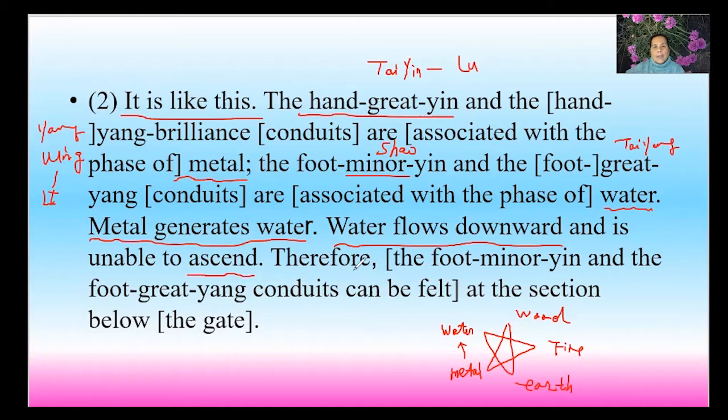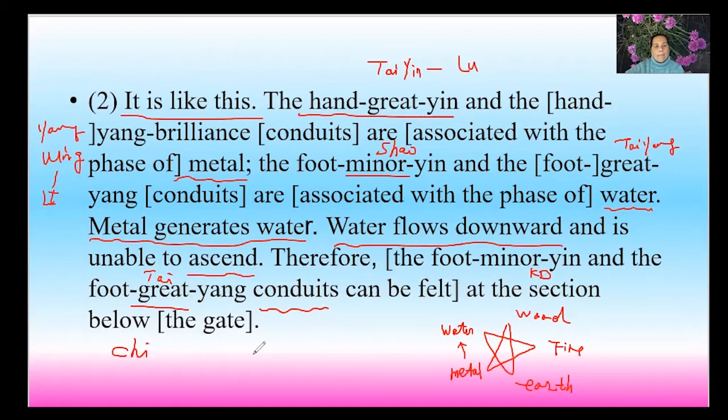So that's why we talk about the foot Shao Yin and the foot Tai Yang, your kidney and bladder. Their point location, we can see in the chi position. So that's some explanation here.